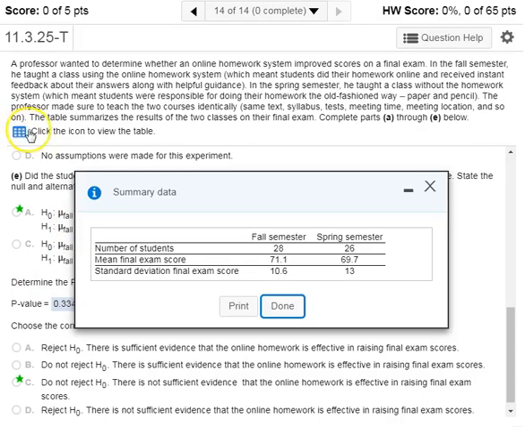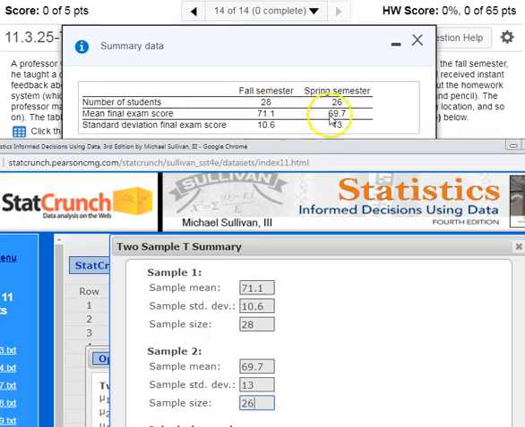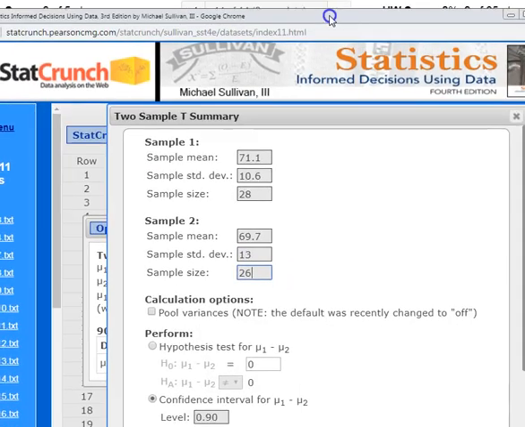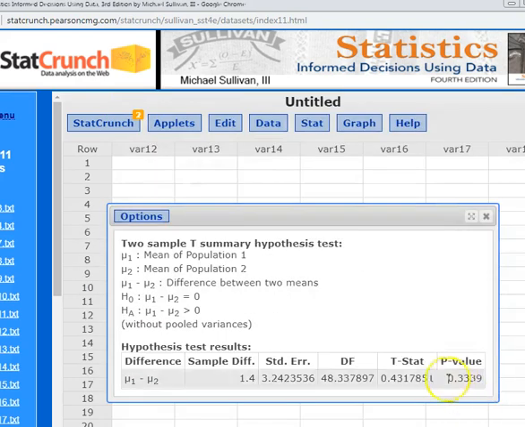So if we look at our table of data, we're going to want to enter that summary data into StatCrunch. And so copy all that data in. We're running a hypothesis test. And what we're testing for is greater than for the difference of the means. So when we hit compute, we get our p-value.